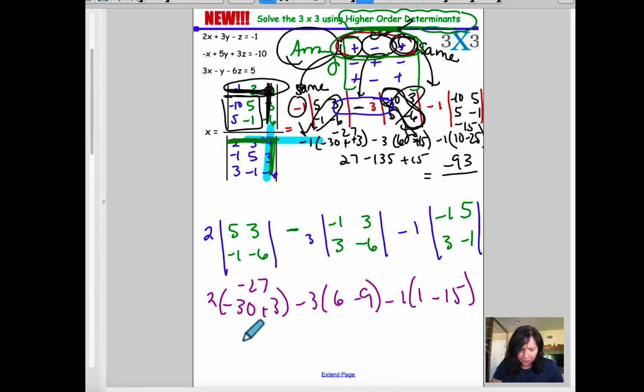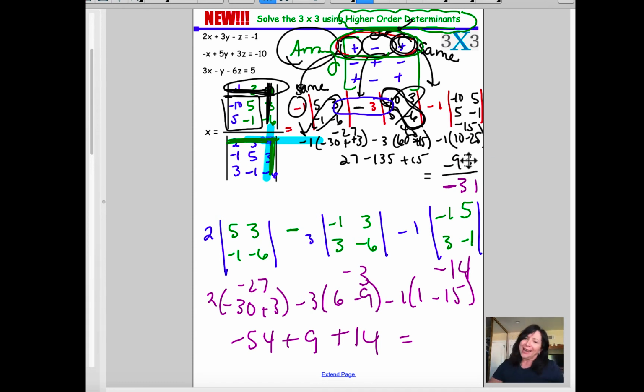You know that. 27 times 2 is 54, but that's negative. And then 6 minus 9 is negative 3 times negative 3 is positive 9. 1 minus 15 is negative 14 times negative 1 is plus 14. So I have negative 54 plus 9 plus 14. So that's plus 23. And I get, looks like a negative 31.